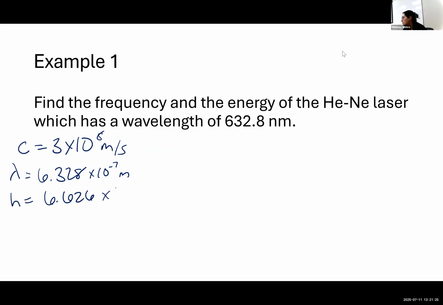6, 30. Frequency, I'll just rewrite what we had on the last slide. For energy, there were two equations.